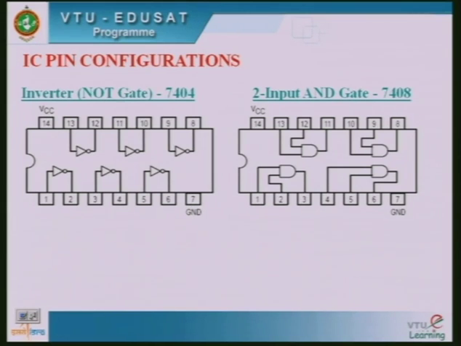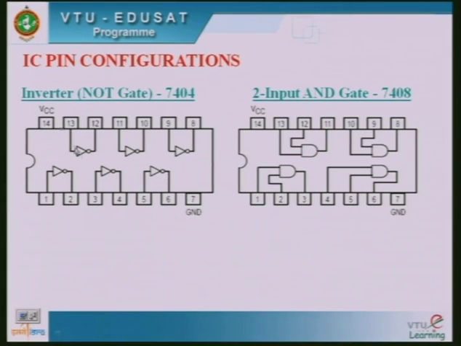Because the internal devices through which we get the operation of these logic gates are active components, the source is required to keep these internal gates in the active mode. Therefore the source is required.